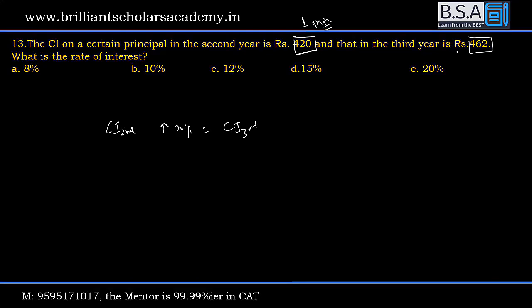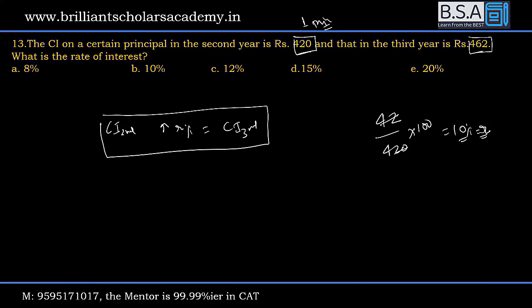The raise from here to here is 42 rupees, and that is basically 10 percentage raise. What was the concept? Interest increases by R percentage every year.